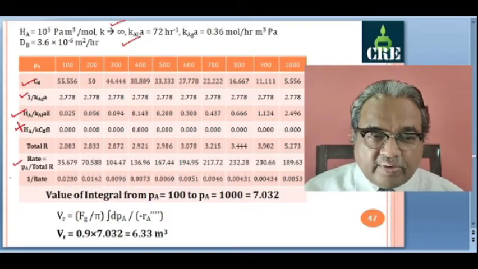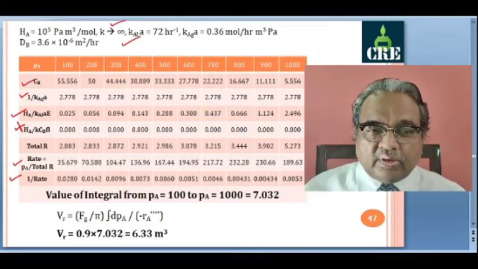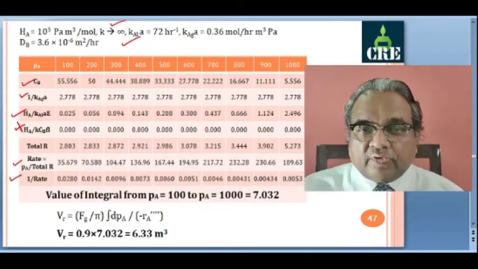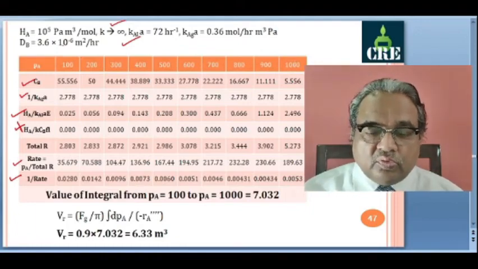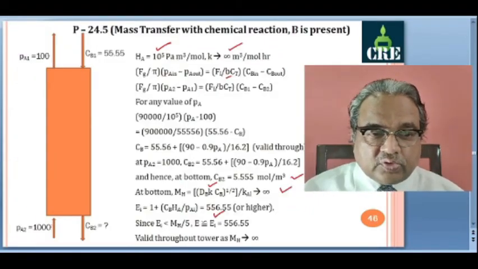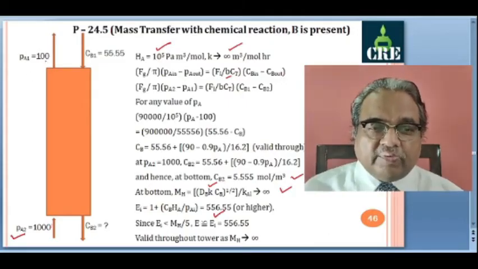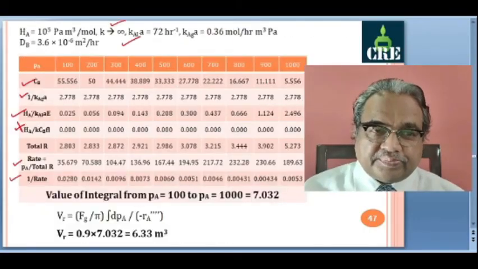So we calculate 1 upon rate. So integral is 1 upon minus Ra, that is 1 upon rate, and this we are evaluating from, it is varying from 1000 to 100. So in the beginning it is 1000 and this is 100. So Pa1 to Pa2 we write in our equation. So Pa2 minus Pa1, 1000 minus 100.